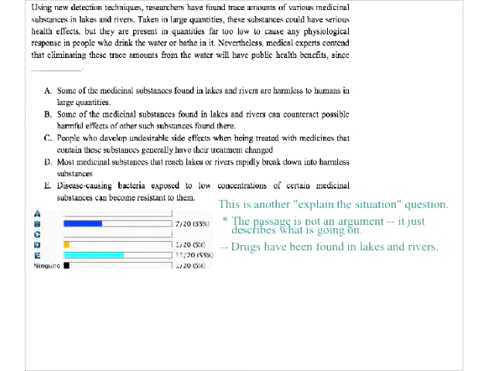However, and this is an important fact, the drugs are present in quantities too small to affect humans in any way. Very important. I mean, too low to cause any physiological response.